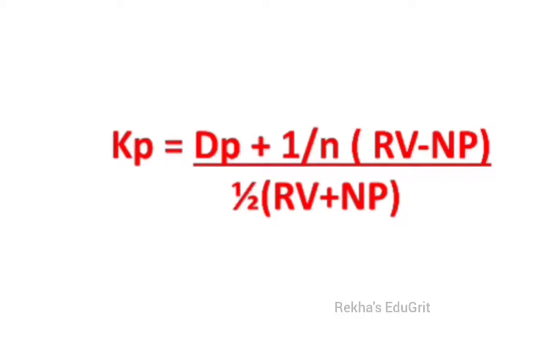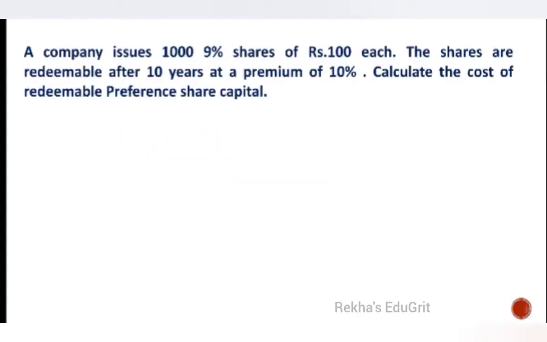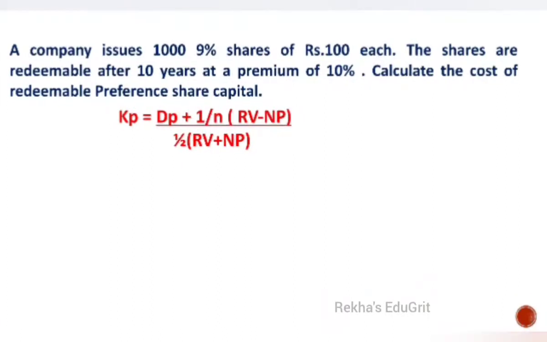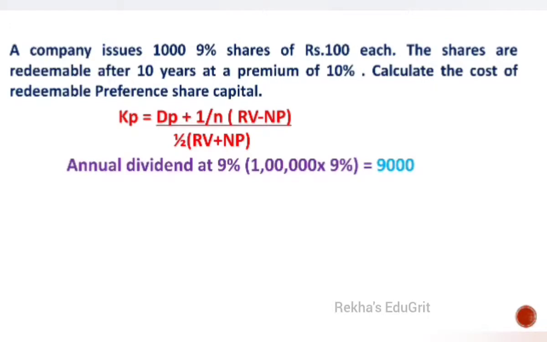Now we can see how this redeemable preference share capital is calculated. First we have to write down the formula, and then first we have to calculate dividend. A company issues 100 9% shares of ₹100 each. So the dividend is 9% of 1 lakh, we get 9,000.